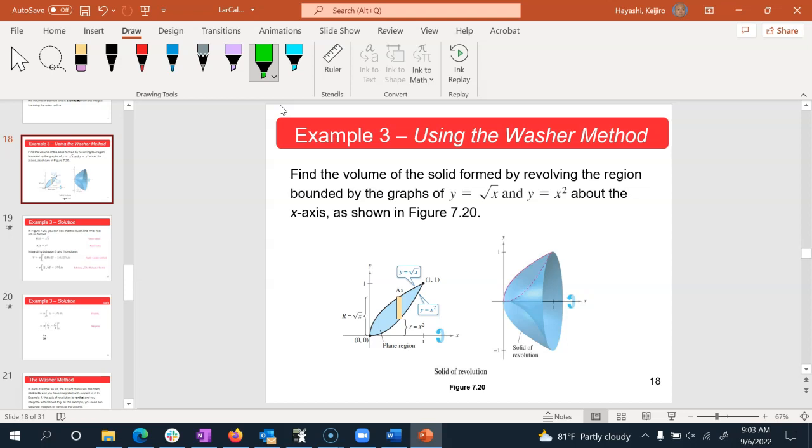So the bounds should be in terms of x. They appear to be x equals 0 and x equals 1. If you were not absolutely sure that that was the case, you could find out where these intersect.